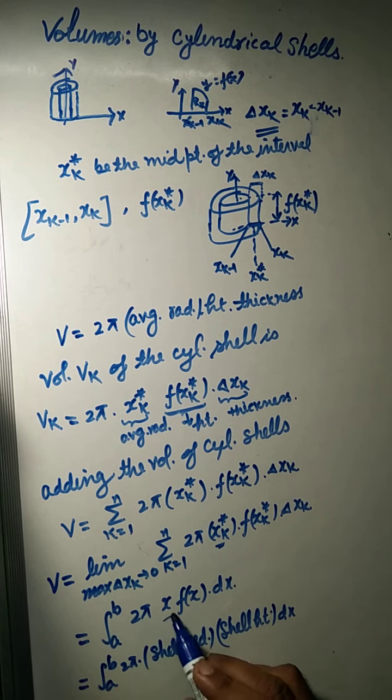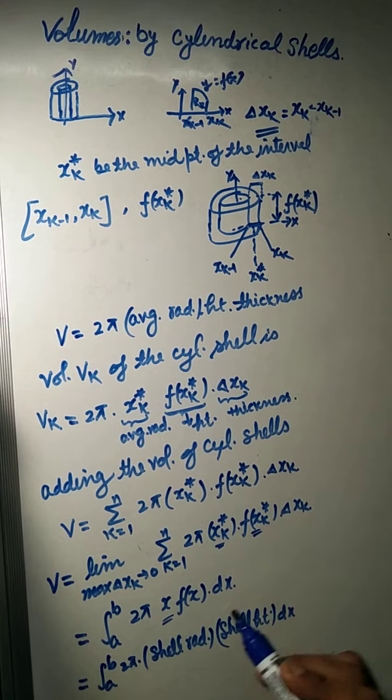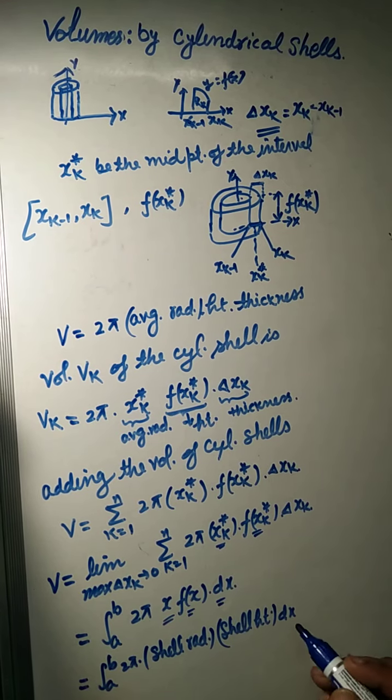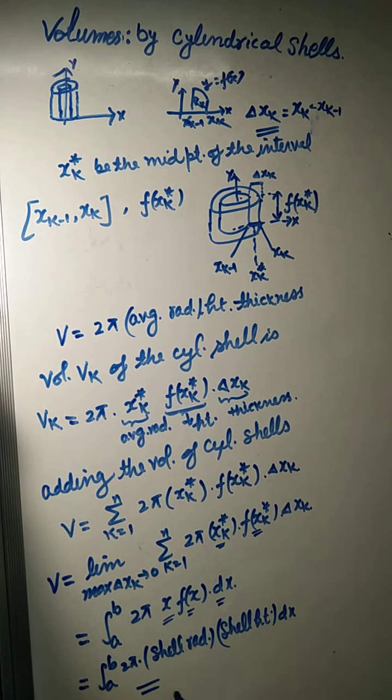Shell radius, the average shell radius, and f(x), the shell height, times dx. So this is the basic formula for revolving around the y-axis.